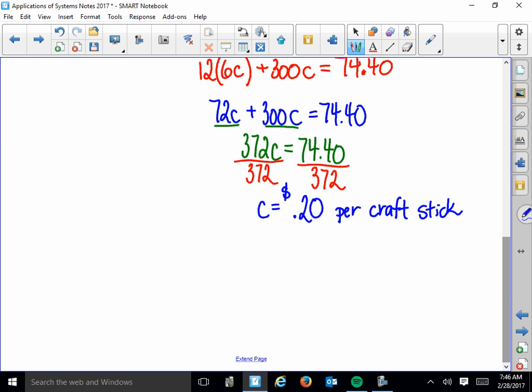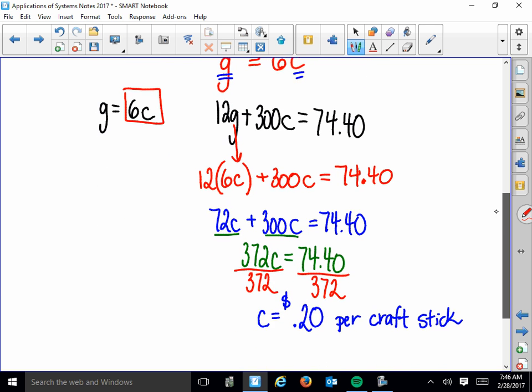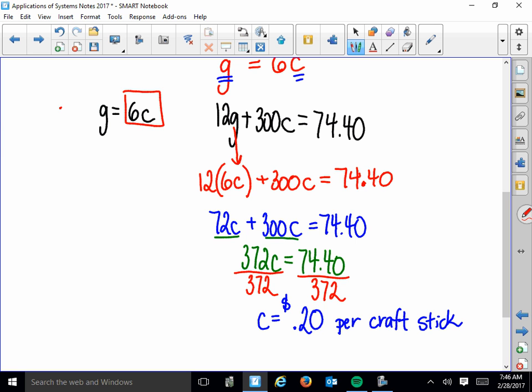All right, I'm going to go back to my original equations and look at this. I know that the glue stick is 6 times the cost of a craft stick. So the price of a glue stick is 6 times the price of a craft stick, and each craft stick is 20 cents. So 6 times 0.20 is $1.20.